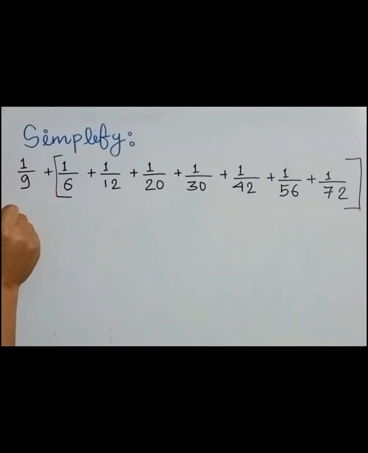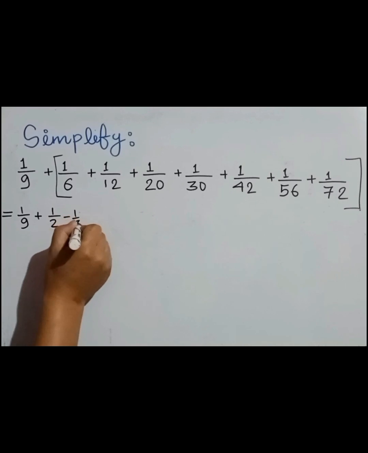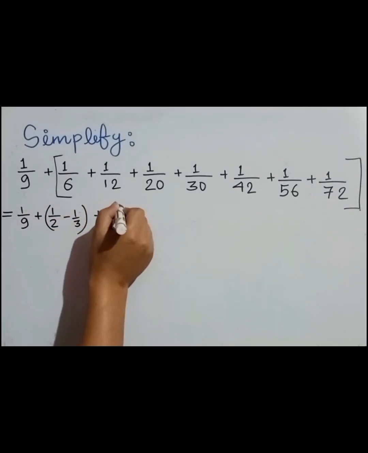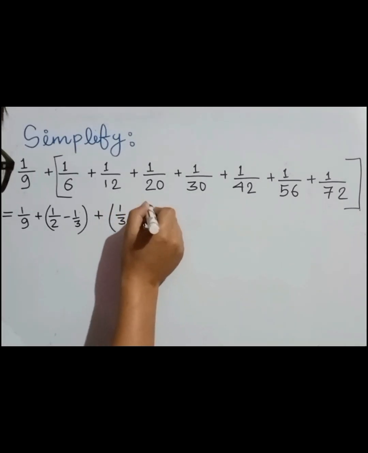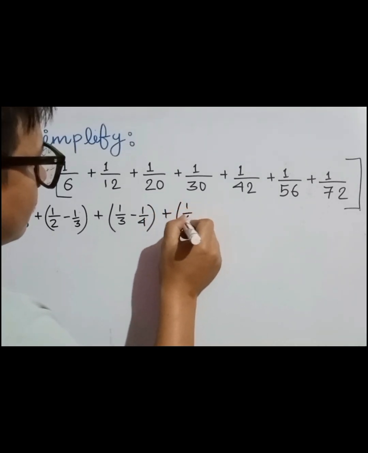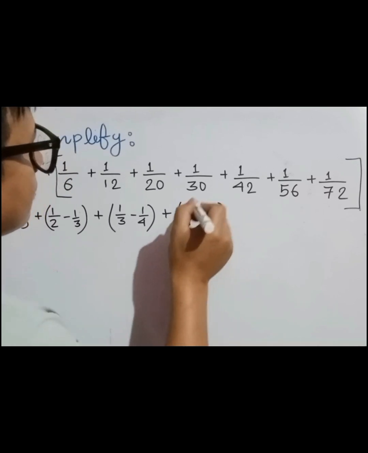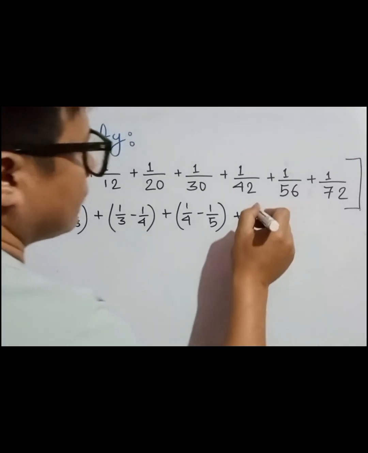Now it becomes, the first term remains as it is, 1 upon 9. For 1 upon 6 we can write 1 upon 2 minus 1 upon 3. For 1 upon 12 we can write 1 upon 3 minus 1 upon 4. Plus for 1 upon 20 we can write 1 upon 4 minus 1 upon 5. And for 1 upon 30 we can write 1 upon 5 minus 1 upon 6.